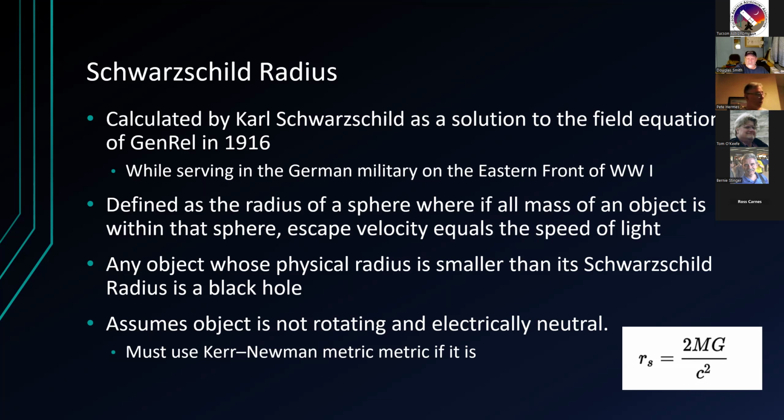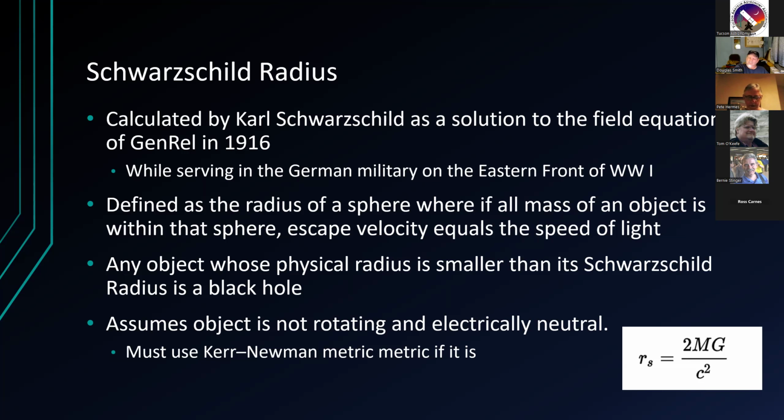What's interesting about this is that it assumes two things: that the object itself is not rotating and that the object itself is electrically neutral. It's interesting to think that a black hole can spin and that a black hole can have an electric charge. But we know that to a certain extent black holes themselves can be disturbed by the gravity of their neighbors.